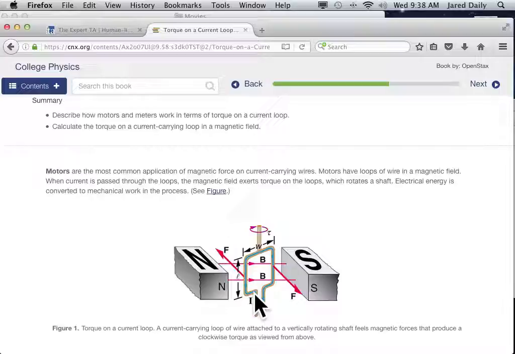That's the current is going out. Magnetic field is yeah, force would be straight around. You guys ready?